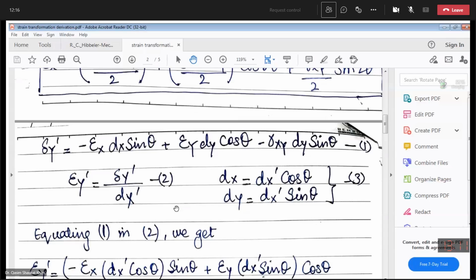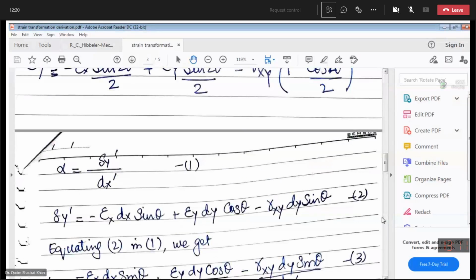Okay, is this fine? These were the steps which were not given in the book as well. Similarly, in case of tau x dash y dash, when you calculated the alpha, that was delta y dash, the deformations along the y dash axis, you got this epsilon x dx sine theta plus this was the deformation due to epsilon y, this was the deformation due to the shear strain gamma xy.